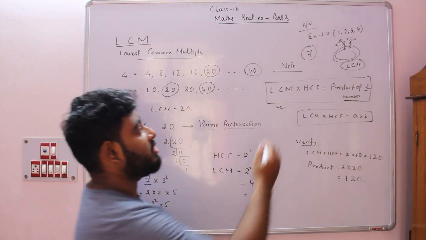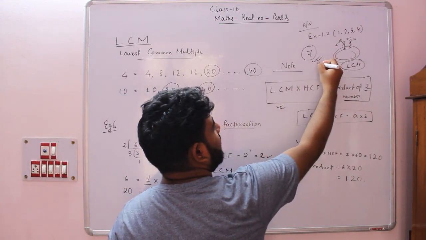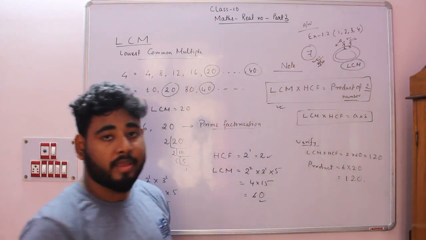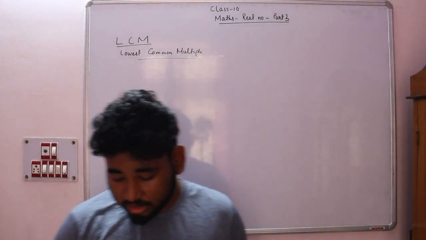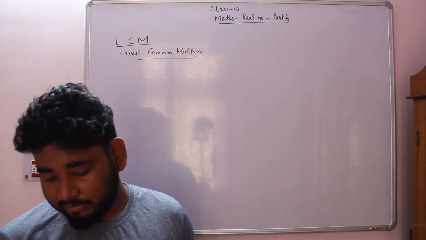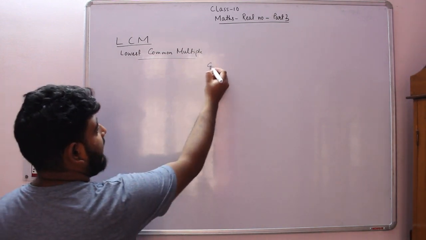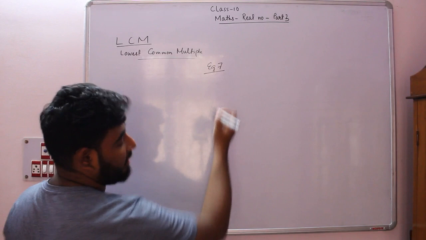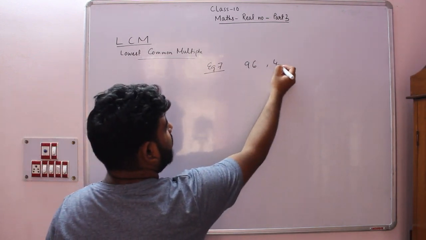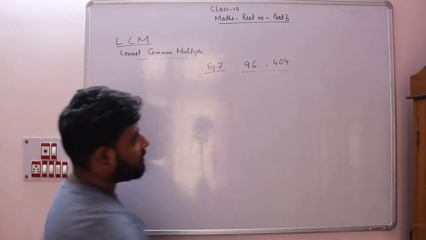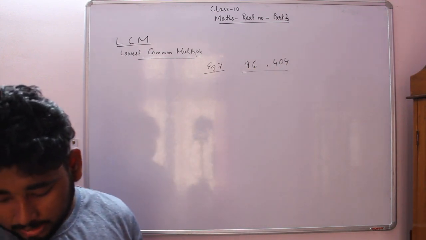So this question number 7 also you can do as homework. Thank you. Now, example 7 is: find the HCF of 96 and 404. By the prime factorization method you can easily find this.